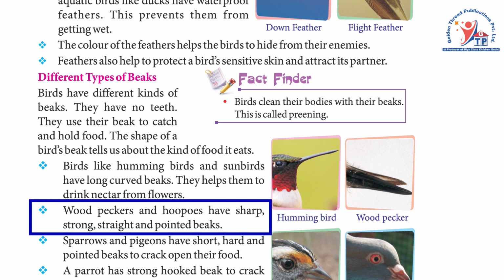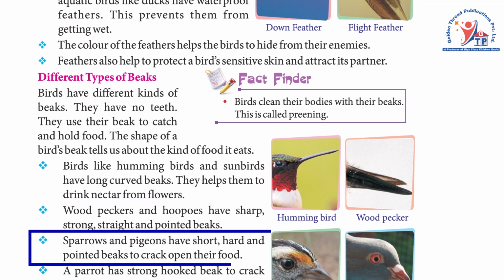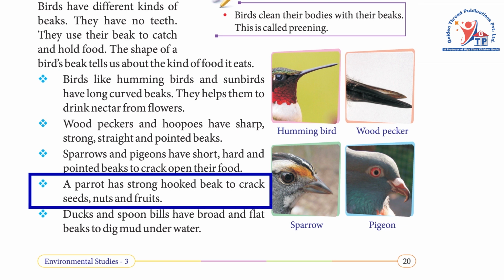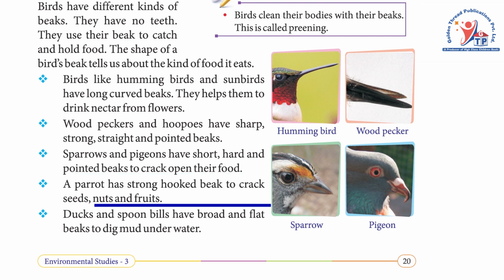Woodpeckers and hoopoes have sharp, strong, straight and pointed beaks. Sparrows and pigeons have short, hard and pointed beaks to crack open their food. A parrot has a strong, hooked beak to crack seeds, nuts and fruits. Ducks and spoonbills have broad and flat beaks to dig mud under water.